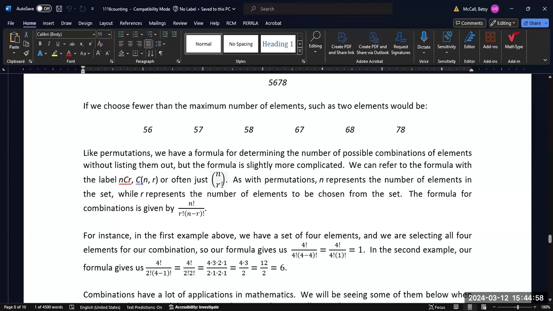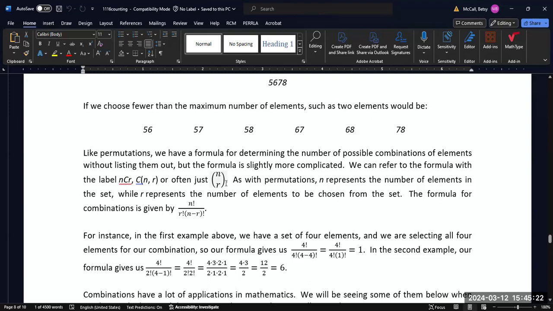But this is such a common notation that it actually has a special format that looks like this. When you see this, it's not a fraction or anything like that. It is a combinations calculation. They're telling you NCR, n choose r, 4 choose 2, for example. It is a combinations formula.